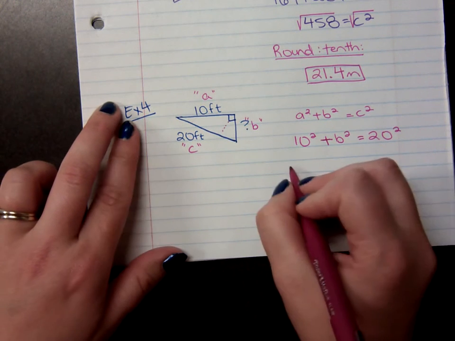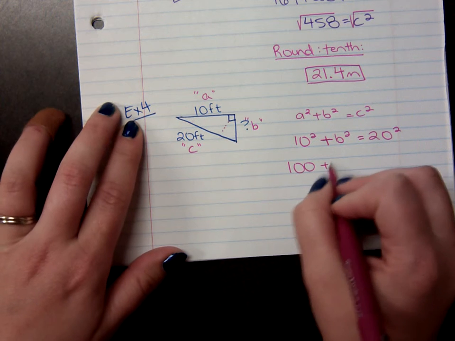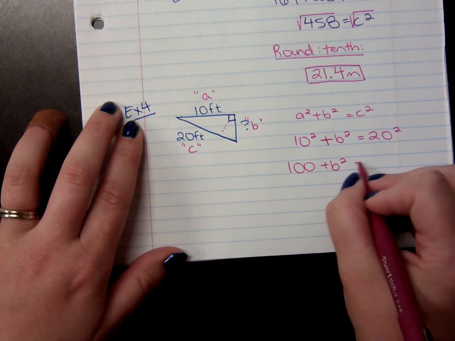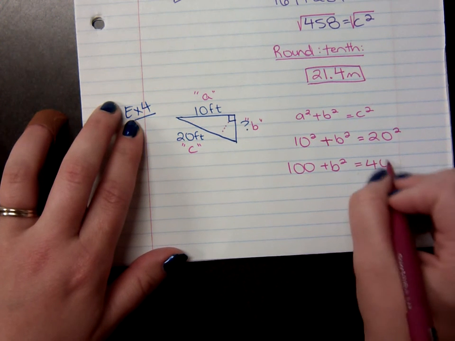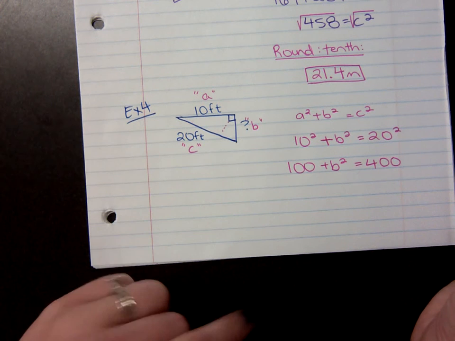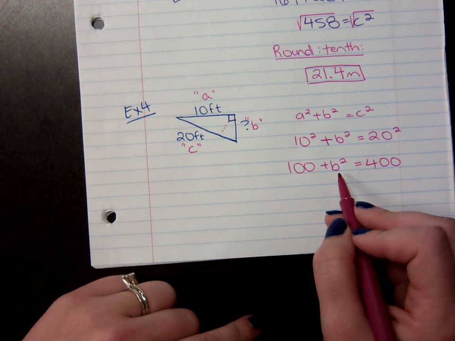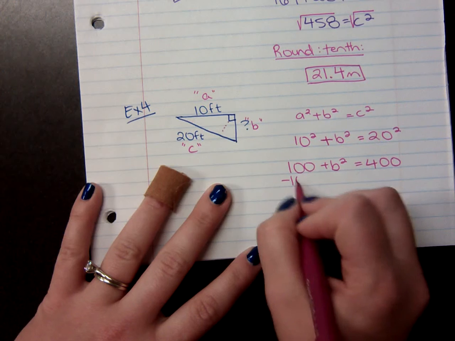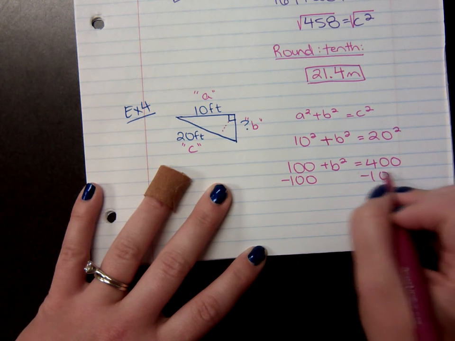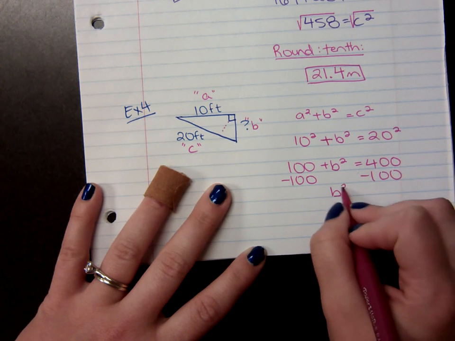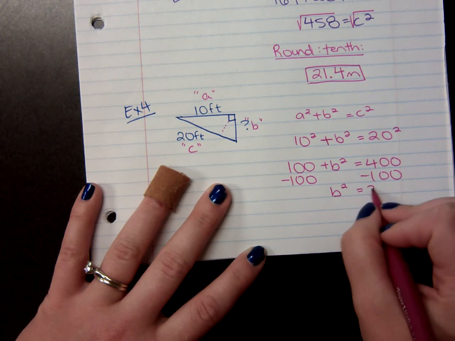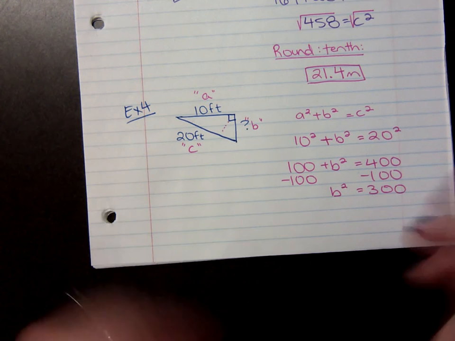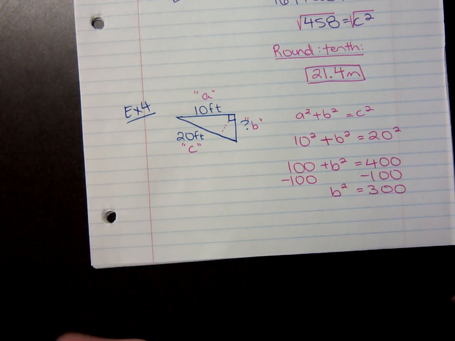So 10 squared is 100. B squared we don't know. 20 squared is 400. So instead of adding the two numbers together, we need to subtract 100 from both sides. That's B squared equals 300. So it's just, instead of adding, you subtract.